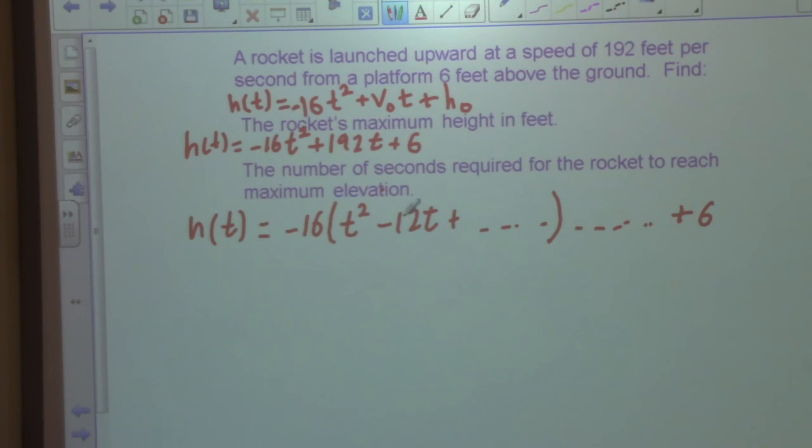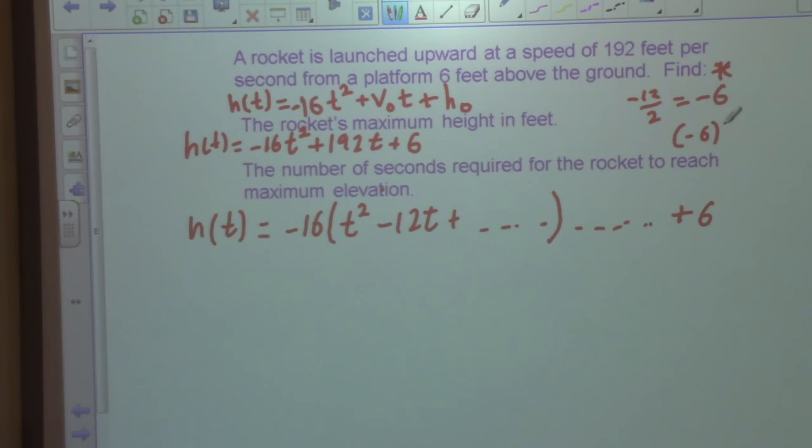Okay, what do we do to find what number goes here? Negative 12 divided by 2 is negative 6. Asterisk that negative 6, right? And then what do we do with that negative 6?